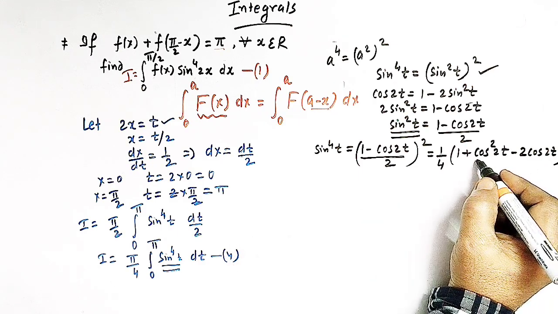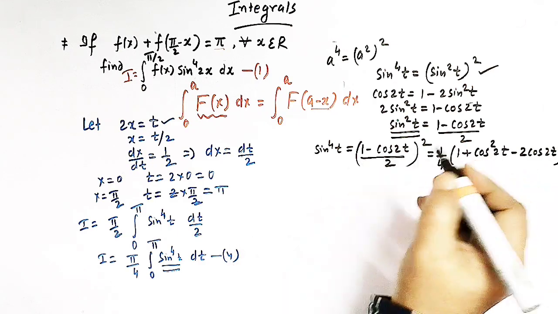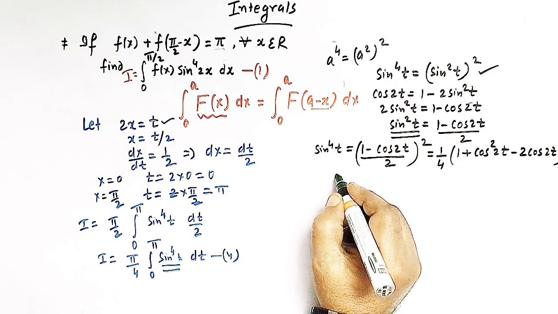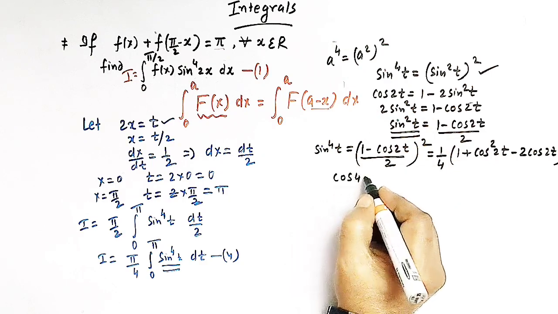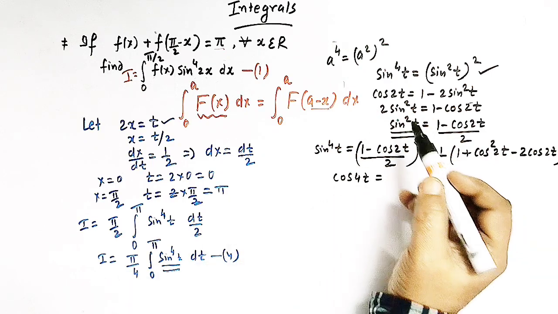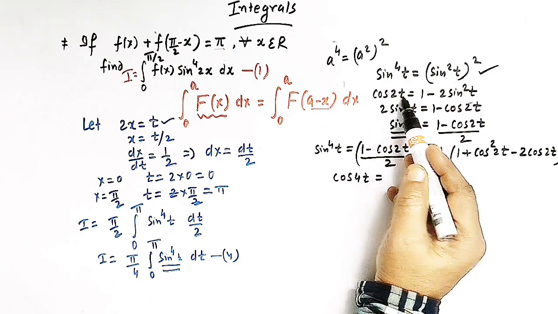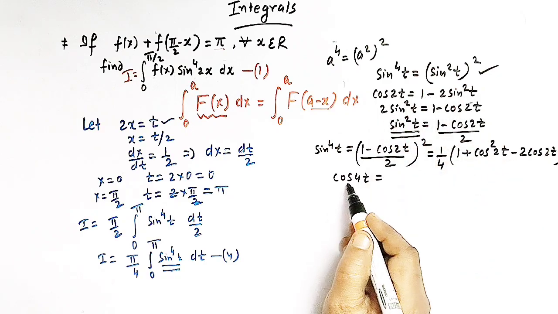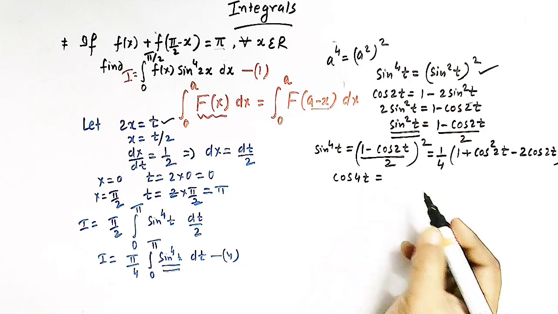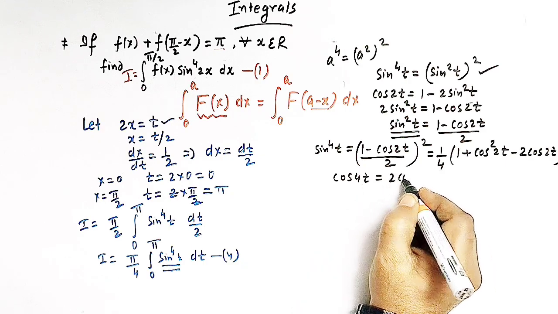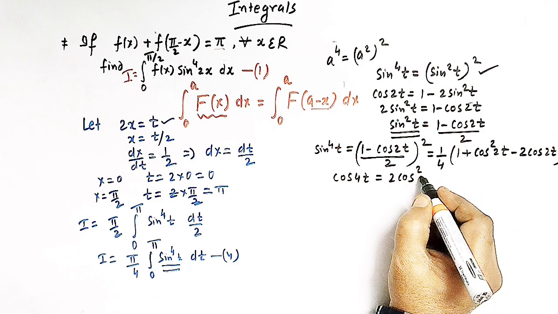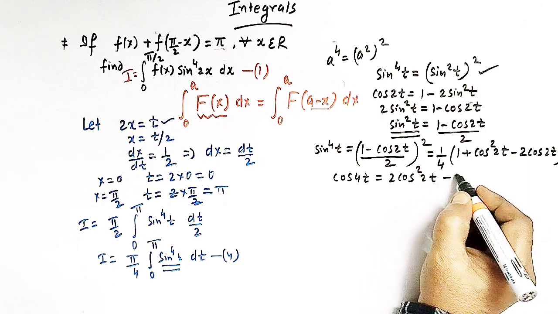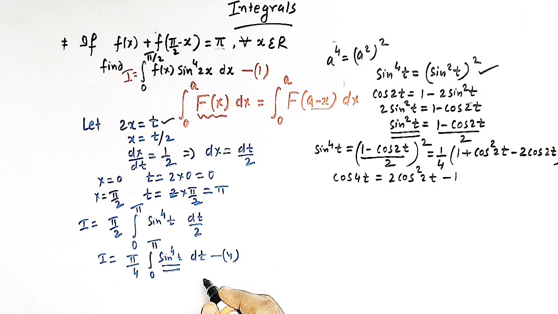Okay, now let us again make use of the formula for cosine 4t, right? So here we have cos 2t is equal to 1 minus 2 sine square t. So the formula for cosine 4t is given by 2 times cos square 2t, and here we have minus 1, right?